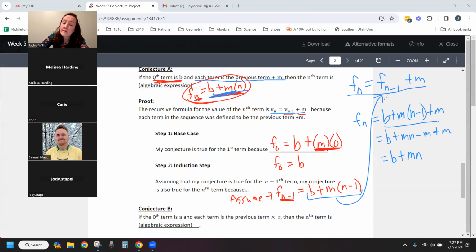And because I assume that my conjecture statement, so this statement, is true for the n minus 1th term, I can substitute b plus m times n minus 1 for the n minus 1th term. So substitute, I think, would be the word you're looking for, because you were asking how do you describe the fact that you plug it in?